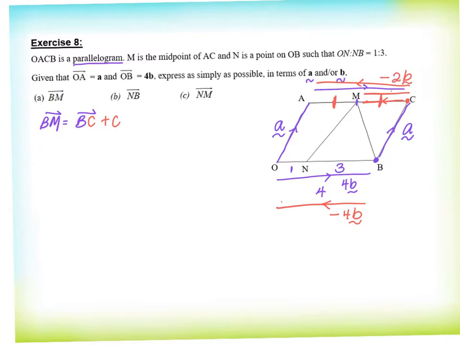So I know this information, I can travel to this location, C to M. Now that gives me B to C is the vector A, and C to M is in the opposite direction of O to B. So it will be negative. And O to B is 4B. So now half of it will be 2B.